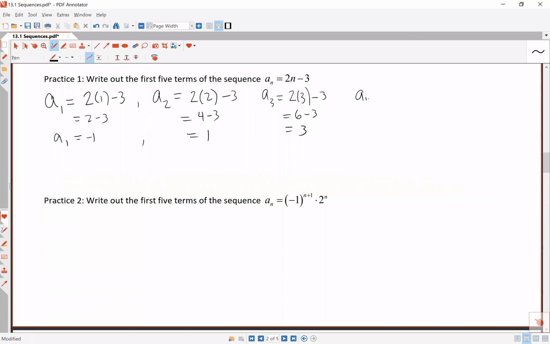The fourth term in the sequence is found by setting n equal to 4, and you can start to see the pattern of the sequence. We're adding 2 each step, just like a linear equation, so that the fifth term should just be 2 plus 5 is 7, or setting n equal to 5, we've got 2 times 5 is 10 minus 3 is 7. So the first 5 terms of the sequence are negative 1, 1, 3, 5, and 7.